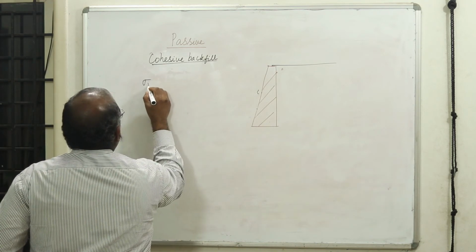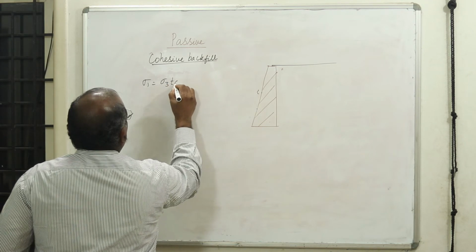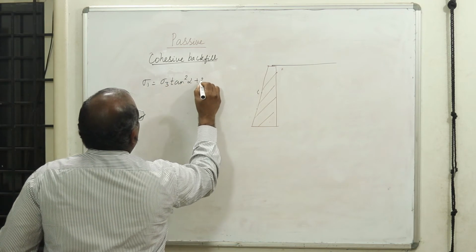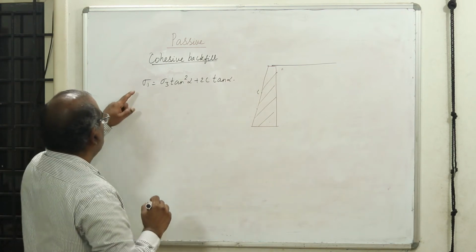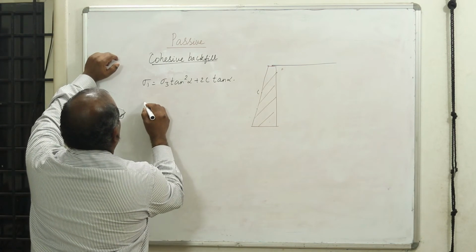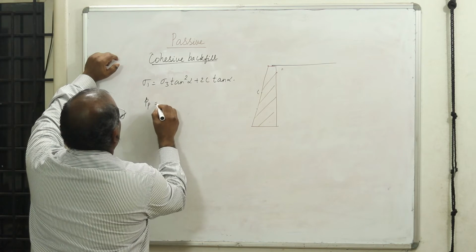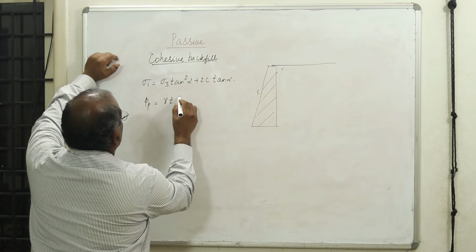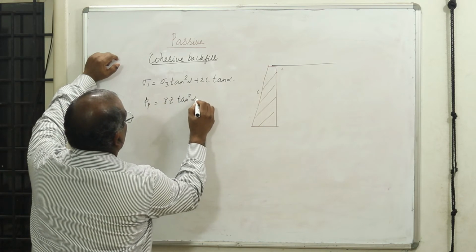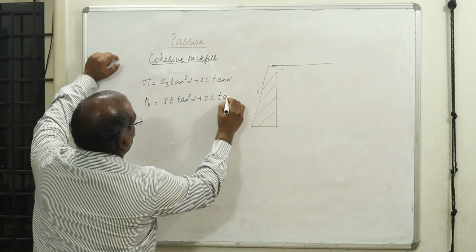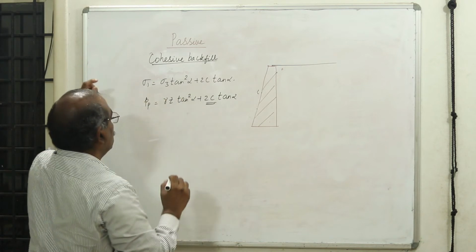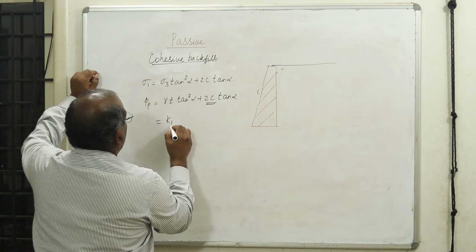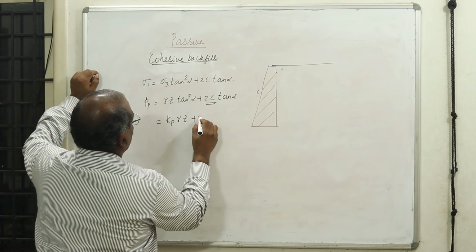Your sigma 1 is equal to sigma 3 tan square alpha plus 2c tan alpha. Sigma 1 is nothing but your Pp, sigma 3 is gamma z, tan square alpha plus 2c tan alpha. This is not becoming 0, therefore there is going to be an additional term, so this is Kp gamma z plus 2c tan alpha.